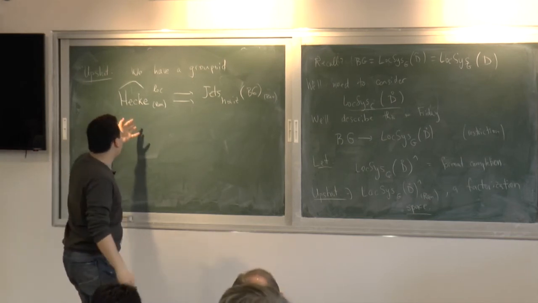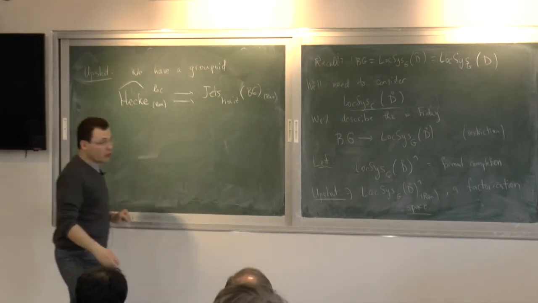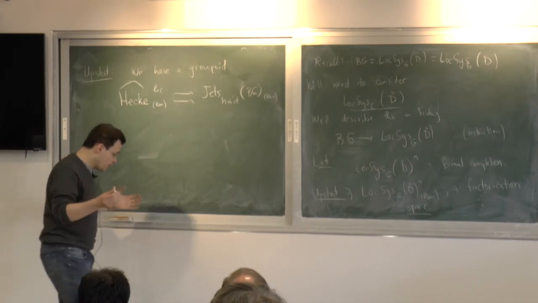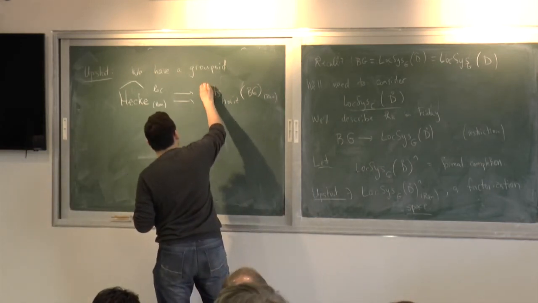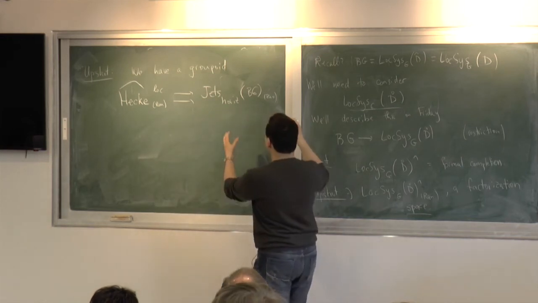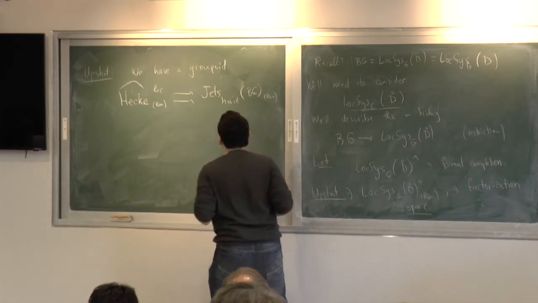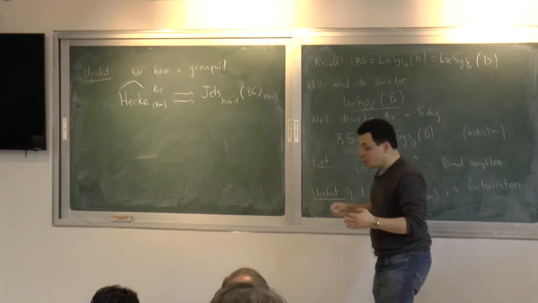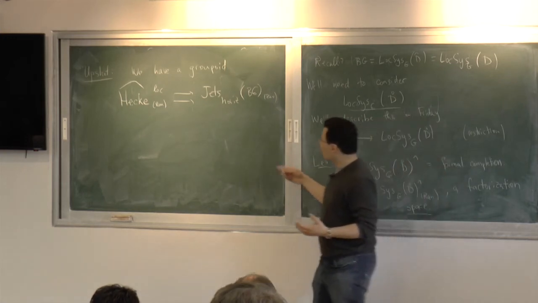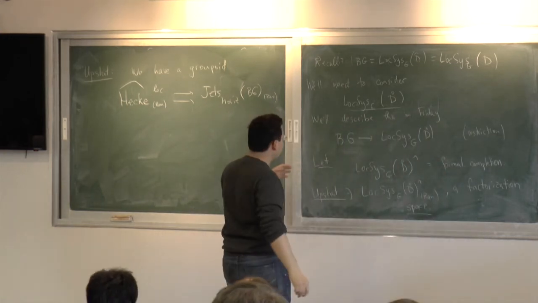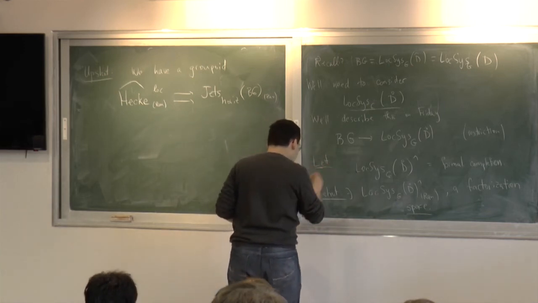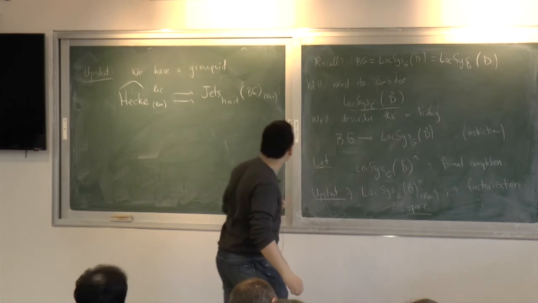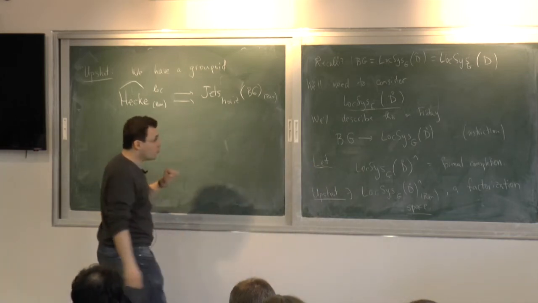So by the very nature of the construction, we have a groupoid this way. Let's think about what we've got here. We said that this space of jets was some local avatar of local systems, and we wanted to describe D-modules on local systems.